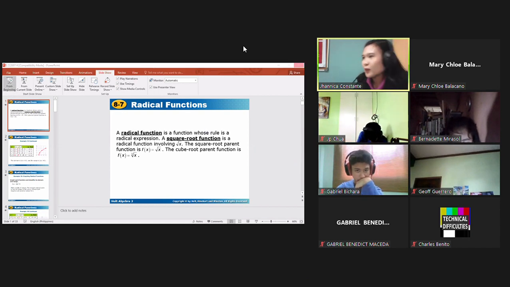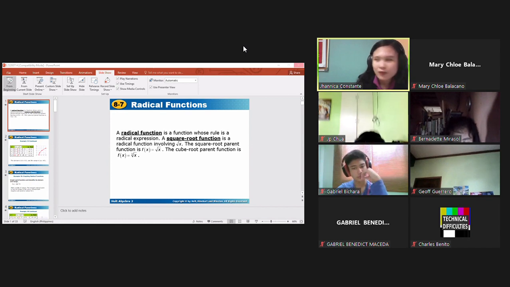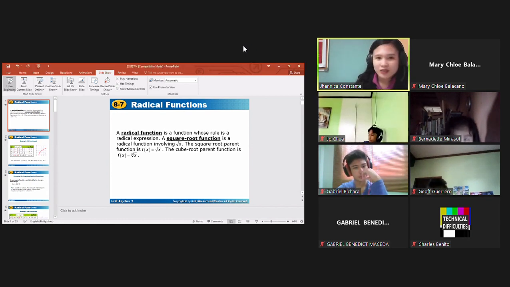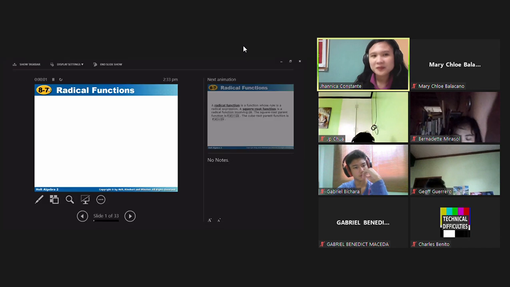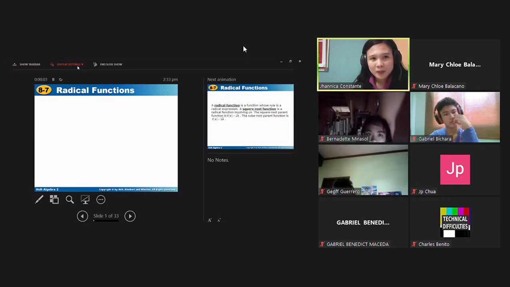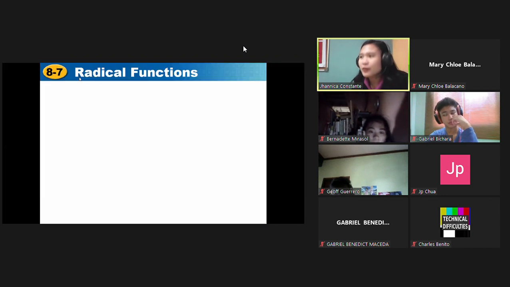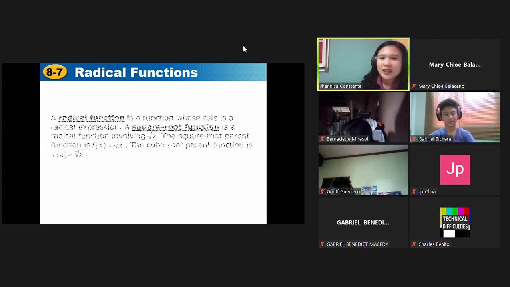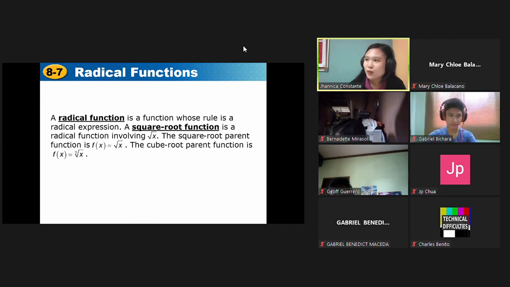A radical function is a function whose rule is a radical expression, wherein the parent function is y equals the square root of x, or f of x equal to the square root of x. That is the parent radical function that we have.